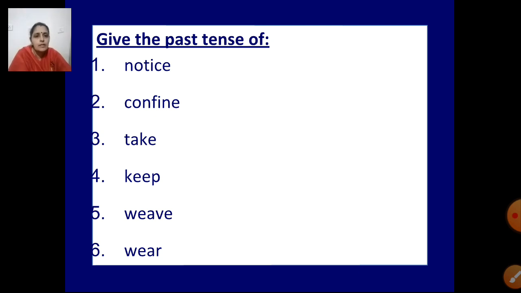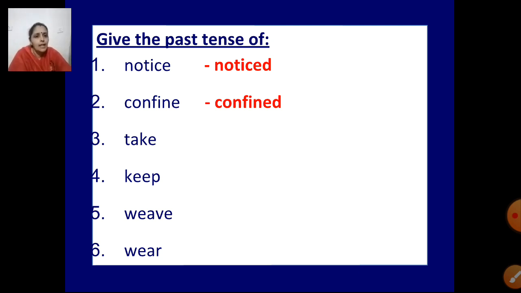Have you all written? So shall we see what is the answer? First one, the past tense of notice is noticed. N-O-T-I-C-E-D, noticed. Yes. Second one, confine. The past tense of confine is confined. C-O-N-F-I-N-E-D, confined.